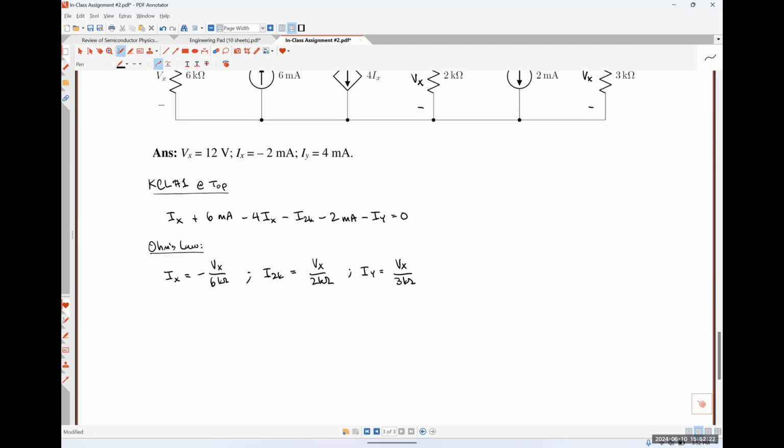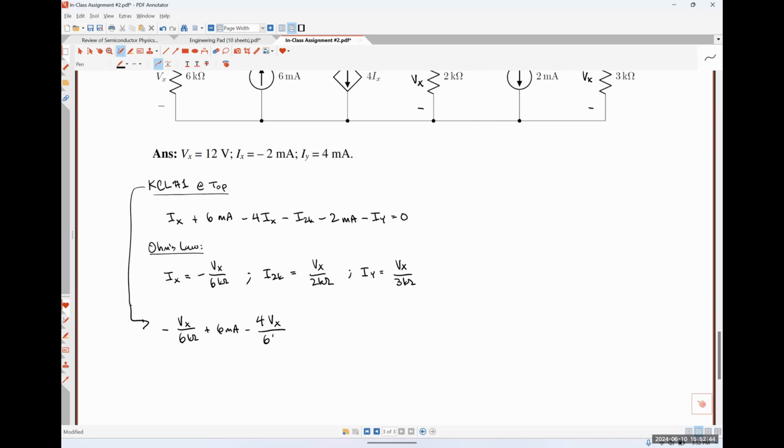And now we're going to substitute those three relationships into our KCL equation, which I'm going to do down here. So Ix, that's negative Vx over 6 kilo ohms, plus 6 milliamps, minus 4 Vx over 6 kilo ohms.